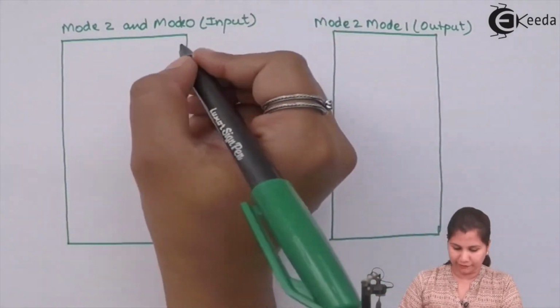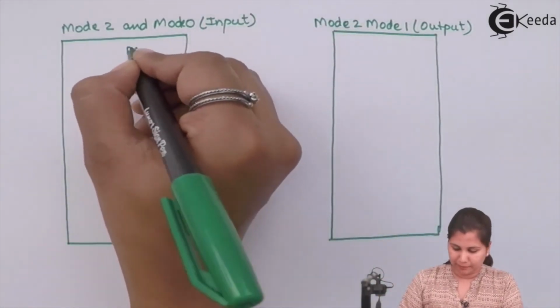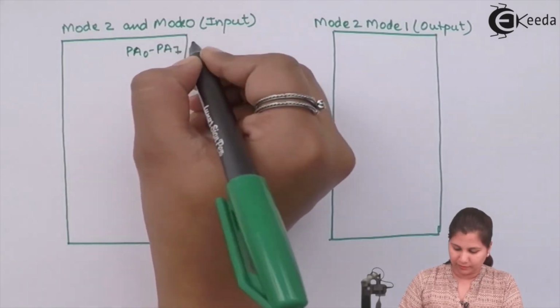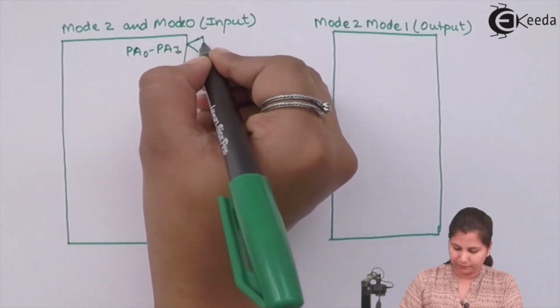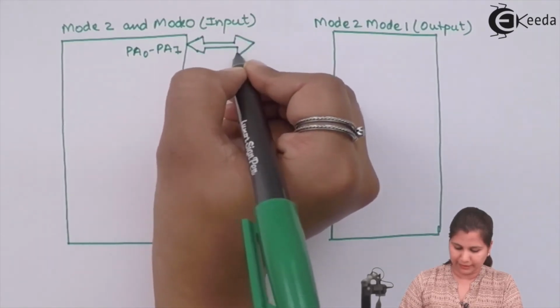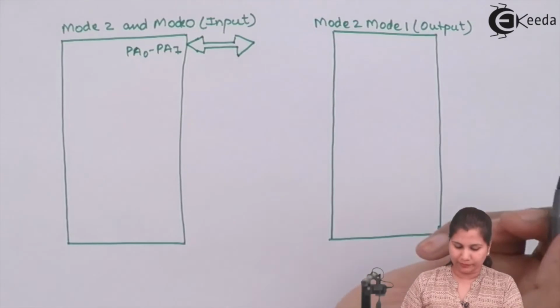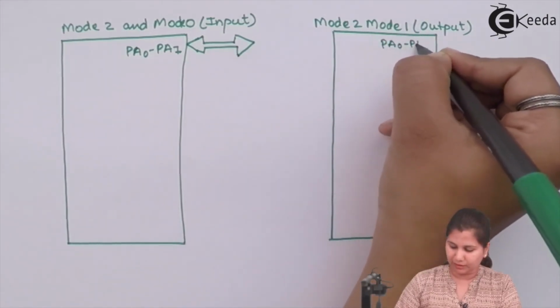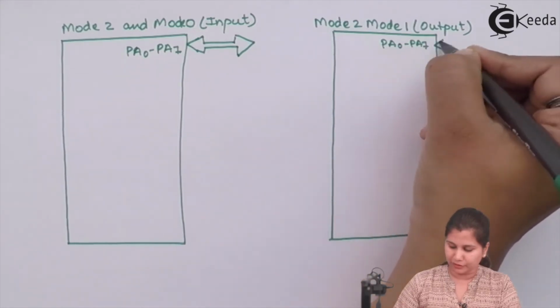So here we have PA0 to PA7 as the bidirectional lines. Here also we will have PA0 to PA7 as the bidirectional lines.